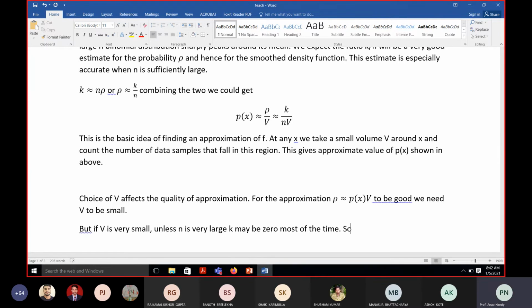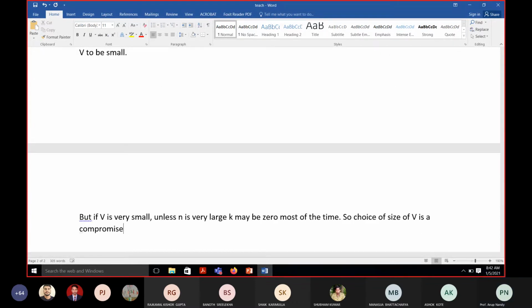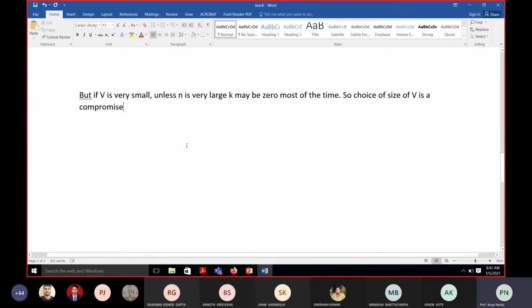So the choice of the size of V is a compromise between these two requirements.